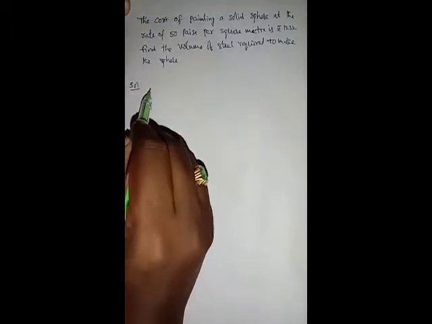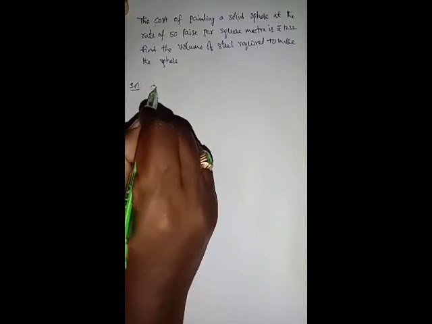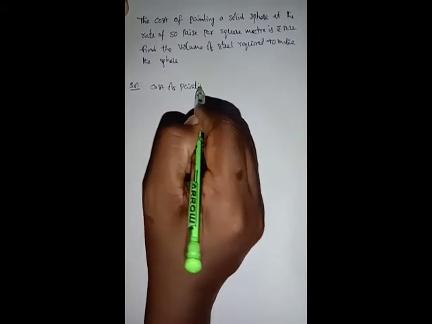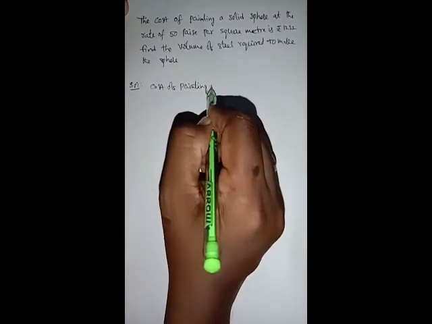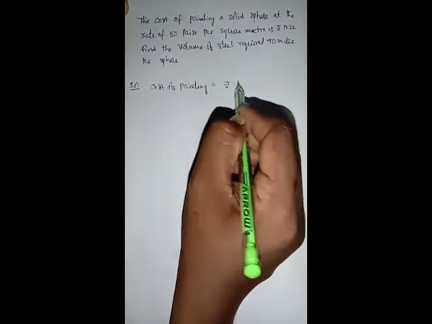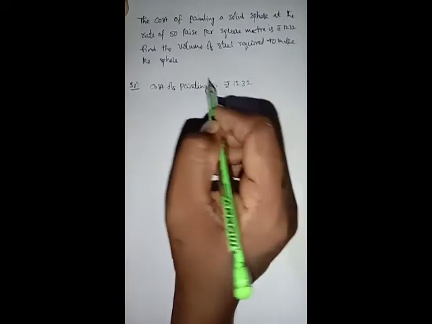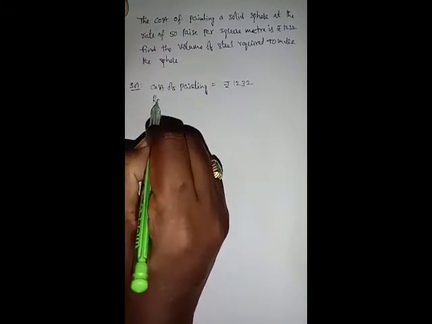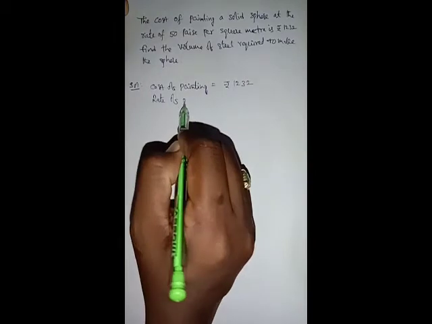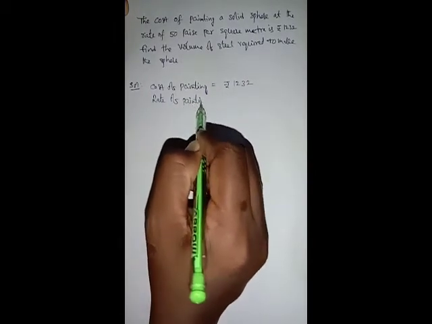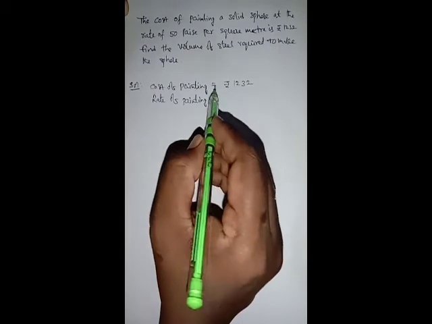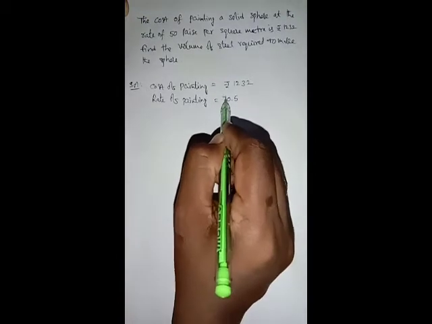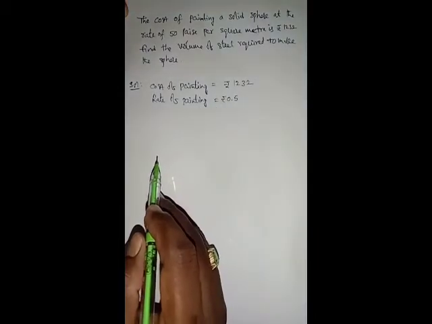Okay, children, what is given? The cost of painting is Rs 1232. And next, the rate of painting is 50 paisa, that means 0.5 rupees per square meter. Understood, children?